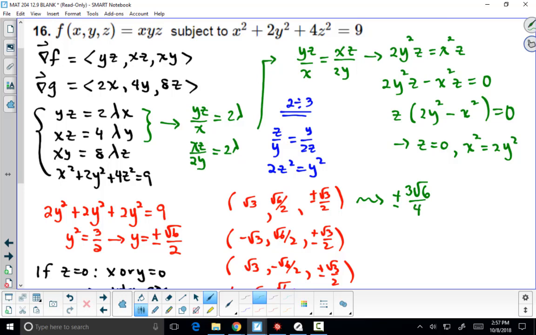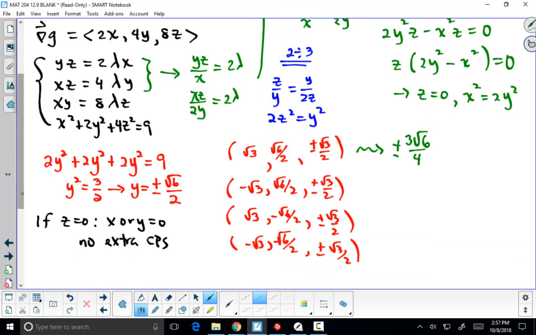The 3 pops out. This one, what do we get when we multiply them all together? Same thing. So if we choose the positive root 3, we're going to get a negative, but if we choose the negative root 3 over 2, we get a positive. It's still going to be plus or minus 3 root 6 over 4. And it looks like it's going to be the same all the way down, right?